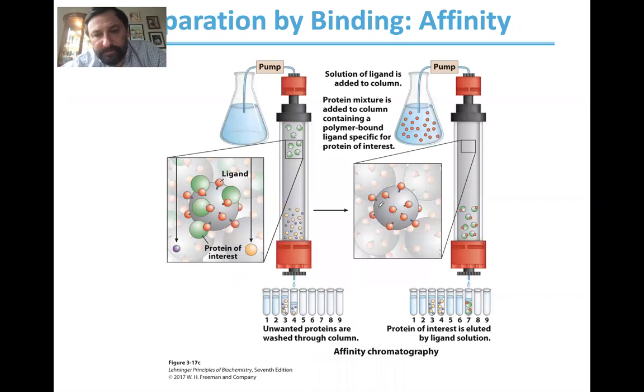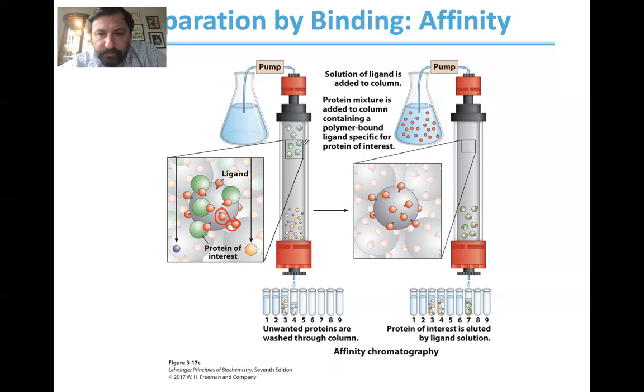If you have a ligand, you can actually attach your ligand to a bead. So the small spheres are ligands for a particular protein. And so the protein can bind to these ligands, and by doing so, it will get stuck in the column.